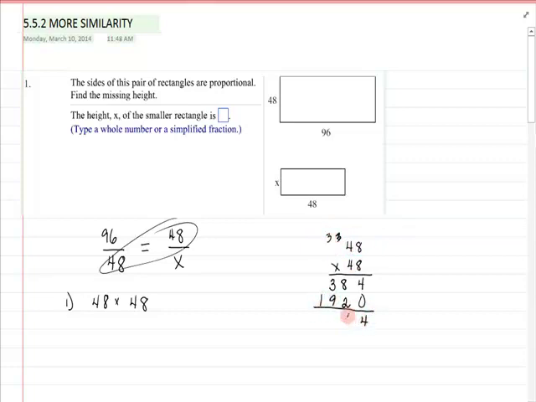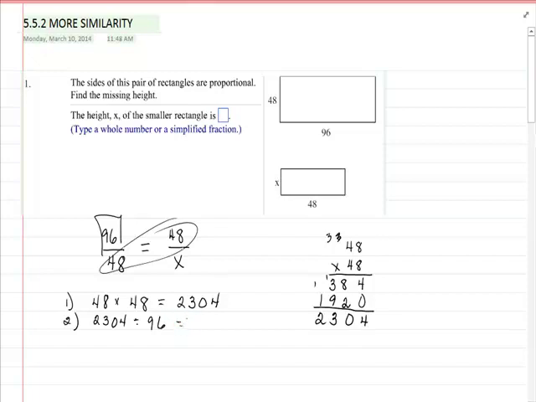Add for 4, 10, carry the 1, 13, carry the 1, 2304. Step number 2 is to take 2304 and divide it by the number I haven't used yet, which is 96.